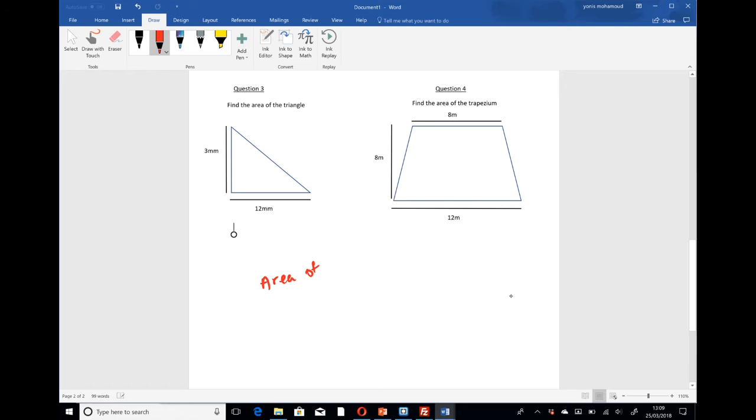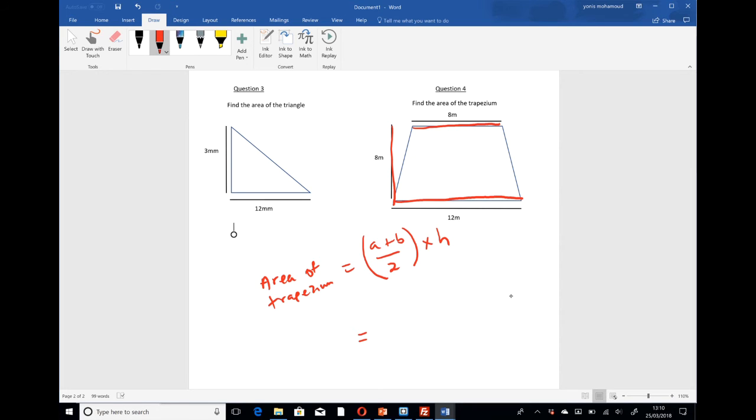Area of trapezium is equal to A plus B, where A is this top bit, B is this bottom bit, divided by 2, and multiply all that by the height. In this case, the height is 8 meters.